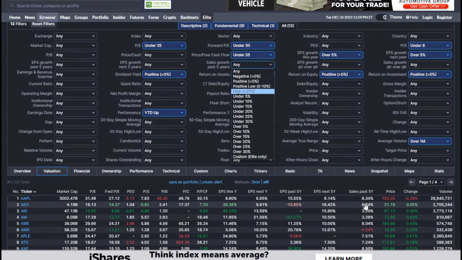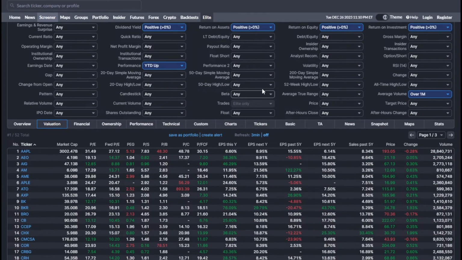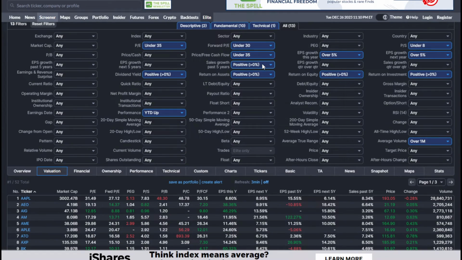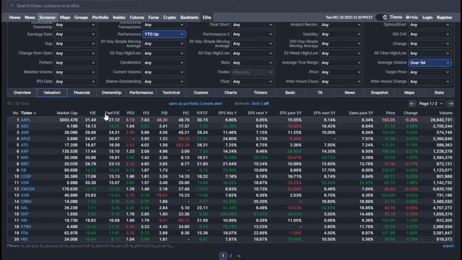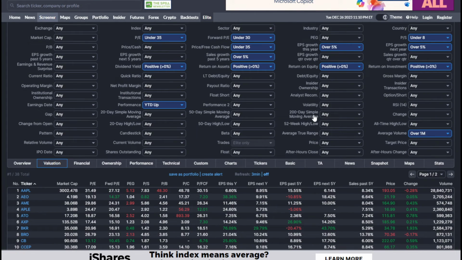Apple's at 8.34%. So first I'll put positive. So we're down to 52. So let's go over 5% then. That's pretty good. We've got us down to 38 different stocks now.